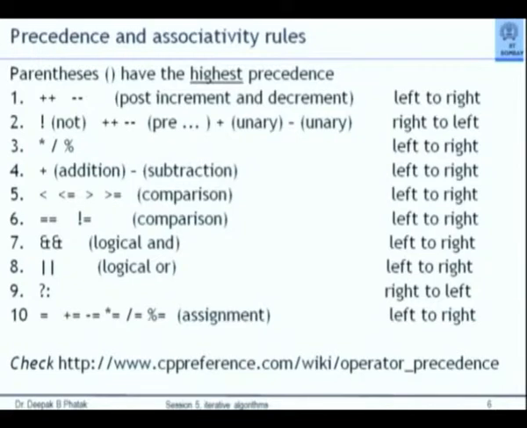But look at all the other precedences. The 0th precedence, of course, is a pair of parentheses. Any sub-expression you put in parentheses, that must be evaluated first. Common sense rule. This is followed by the post-increment and decrement operators first. And this is followed by not, plus plus, minus minus, that is pre-increment, unary plus, unary minus.